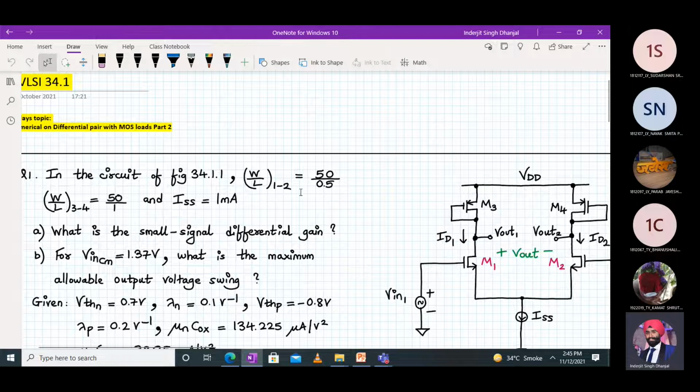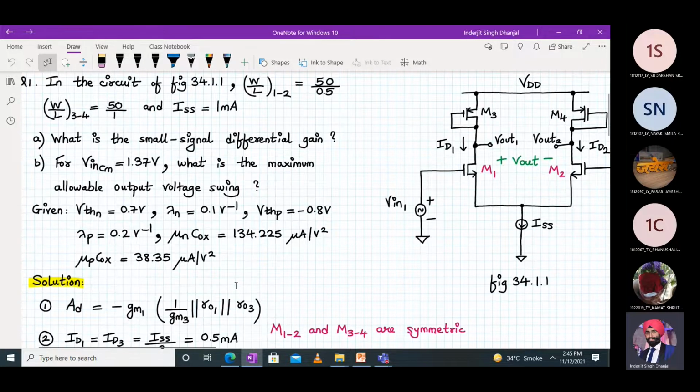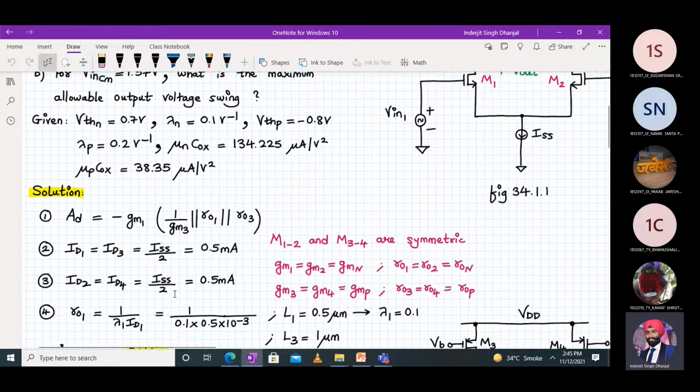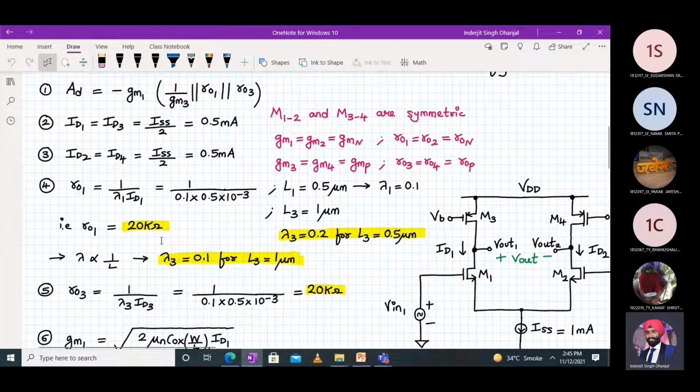Normally we have to keep it the same, then only all these things will be valid. Here the lambda 3 value is given as 0.2 for L3 equal to 0.5 micrometer. And L1 is 0.5 micrometer, lambda 1 is 0.1. And L3 is 1 micrometer. So the channel lengths are not the same.